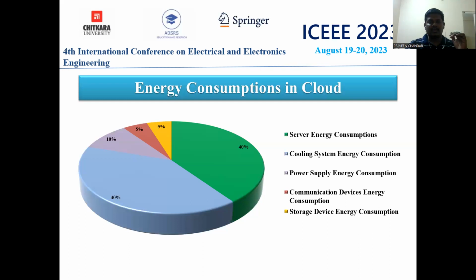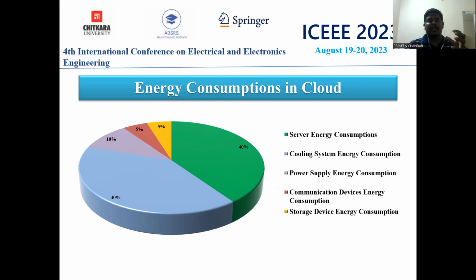In a cloud system, as we are seeing on the screen, 40% of the energy consumption is done by the servers, and servers emit some carbon. Another 40% of power consumption is done by the cooling system.